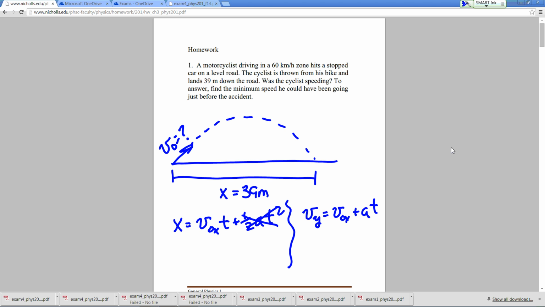I'm still going to have 3 unknowns. Was there a third equation? I don't remember this. Do y'all recall? There must have been a third equation. Let me think. Because I have 3 unknowns here. I have v naught, theta, and t. All are unknowns.